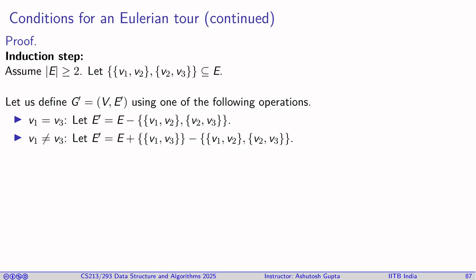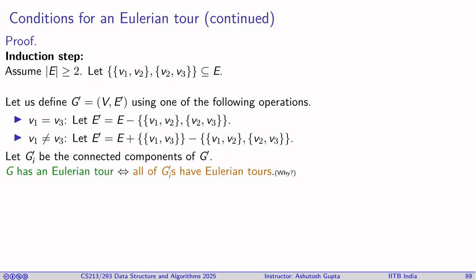After this operation, what can happen is G prime can get disconnected. So we need to think about the connected components of G prime, which we will call Gi prime. Now we will claim that if G has an Eulerian tour, then all of its connected components also have an Eulerian tour.